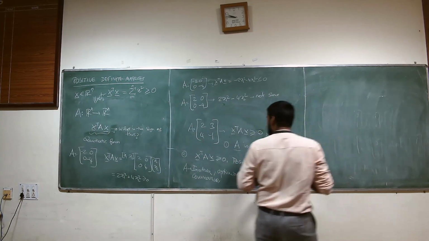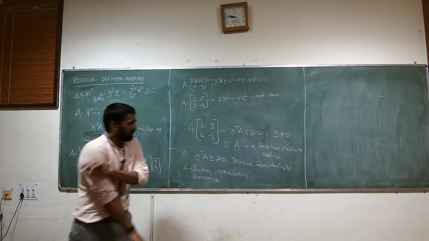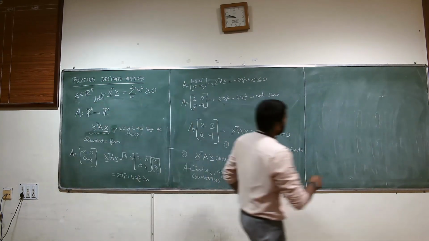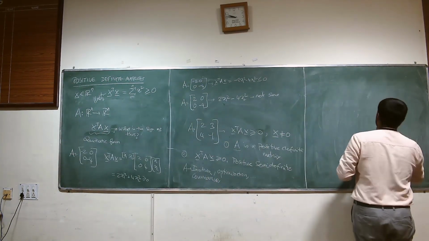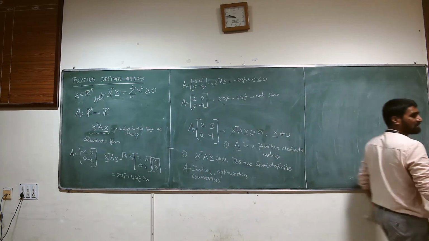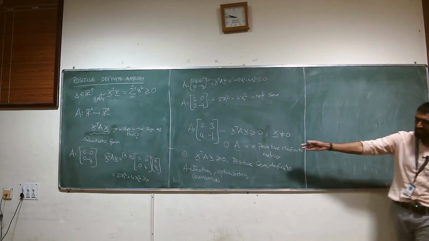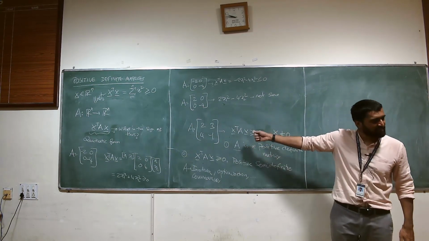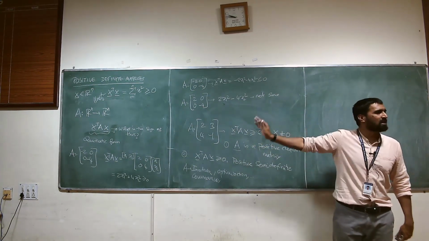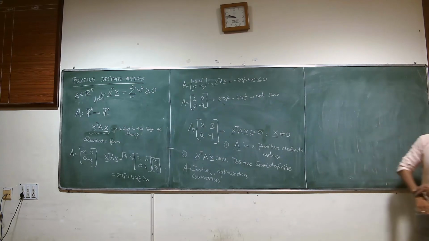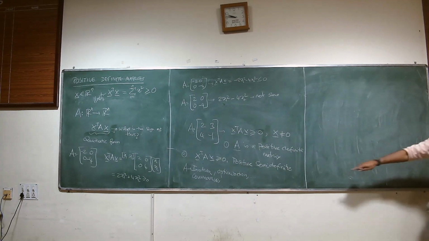Now the question is, how do we find out if something is positive definite or not? It'll turn out your matrix A is positive definite when all the eigenvalues are positive. If one of them is 0, then it's semi-definite.